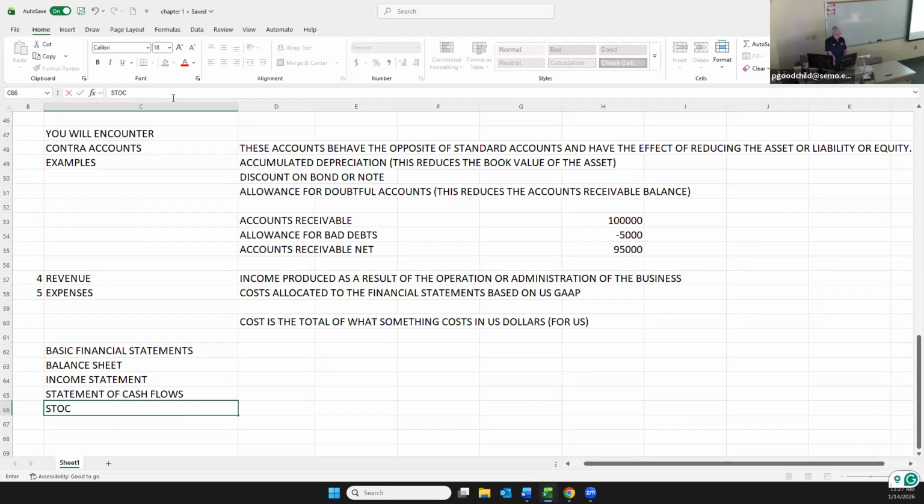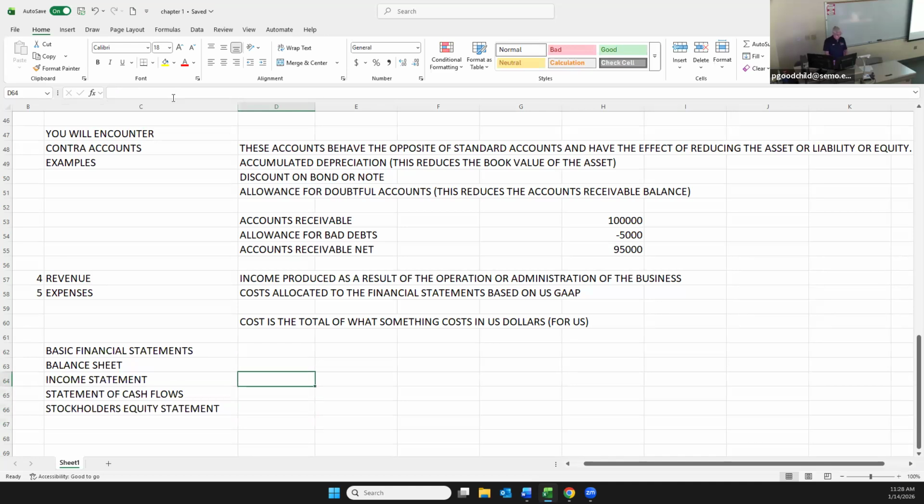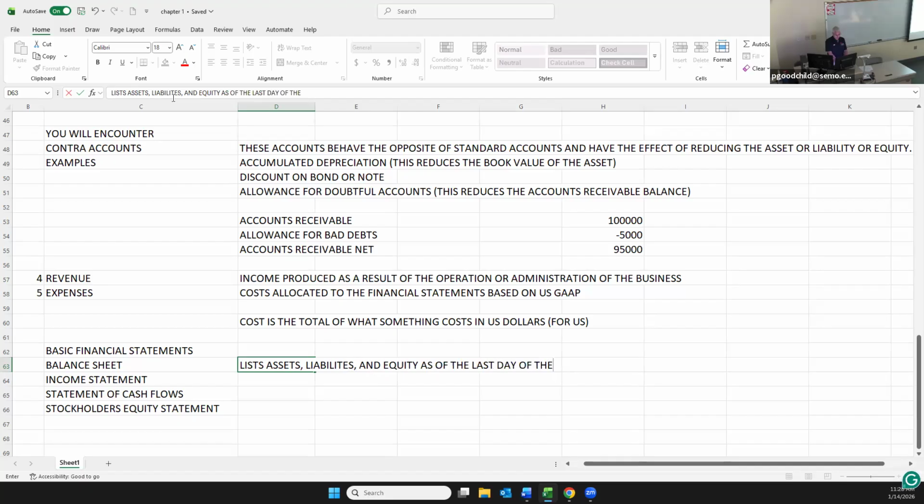You have the stockholders equity statement. So those are the four primary statements. This lists assets and liabilities and equity as of the last day of the period.